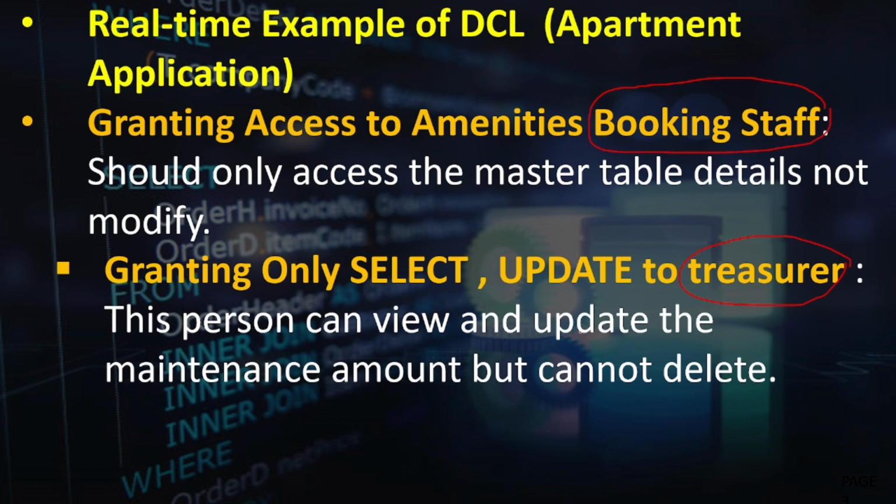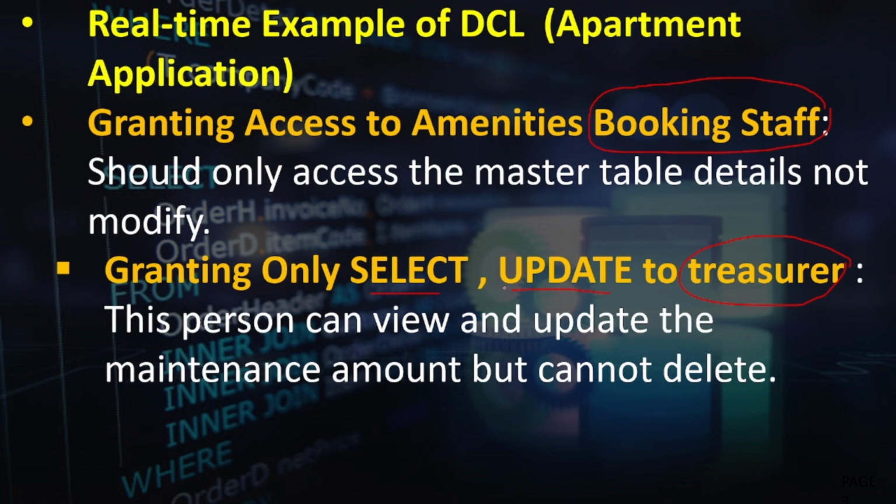So the treasurer will have SELECT and UPDATE grants on the specific maintenance table, where he can select the maintenance data and do some sort of update. But please note that he cannot delete here. This way we can grant these activities on a particular table to the treasurer, right?